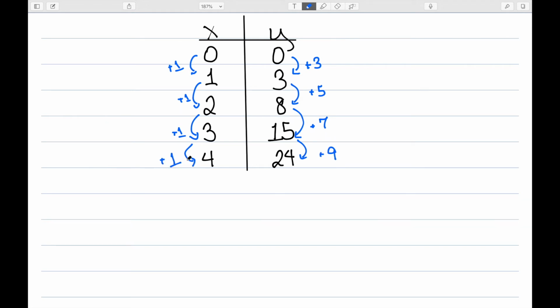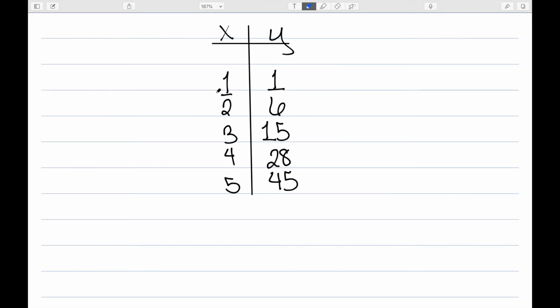So this is definitely not a constant rate of change. However, if I look at the change in the changes, this has a plus 2 to get from 3 to 5. 5 to 7 is plus 2, and 7 to 9 is plus 2. So the fact that this right here is constant tells me that this is a quadratic function.